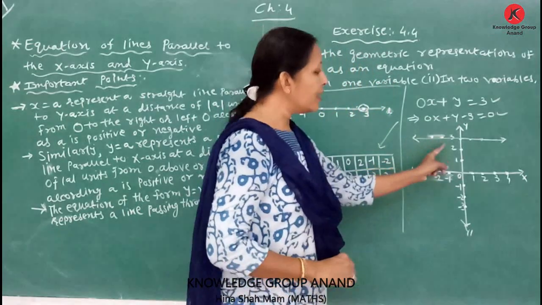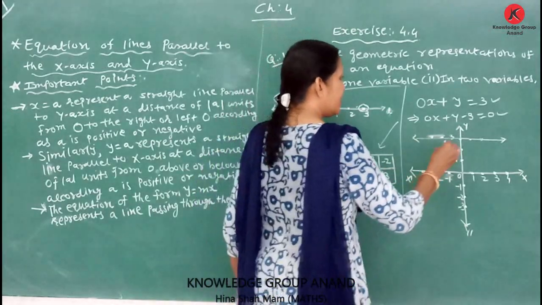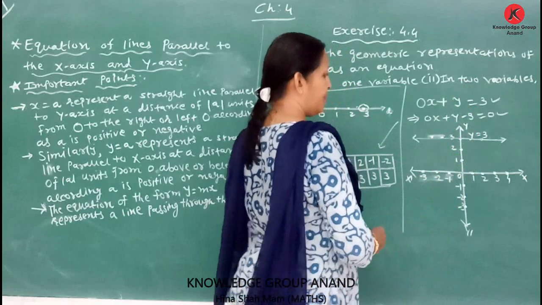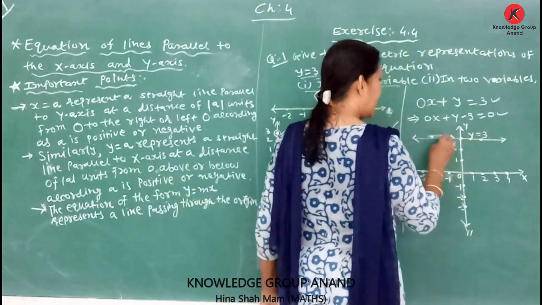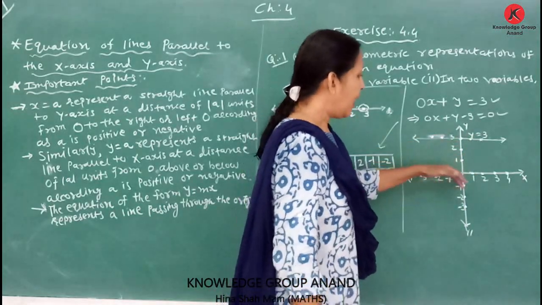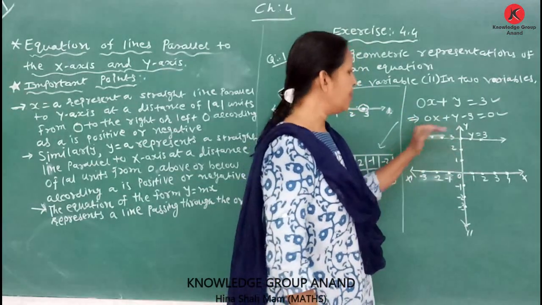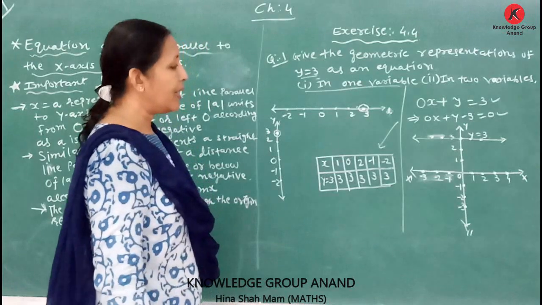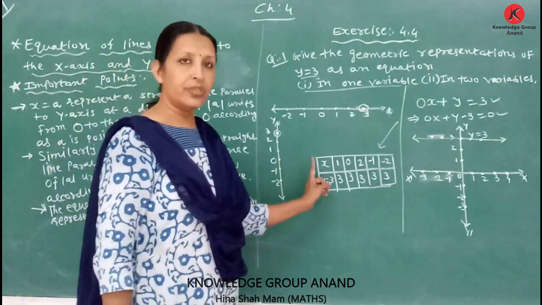It is parallel to the x-axis and the line is y is equal to 3. Any point on it is at a distance of 3 from the x-axis. So y is equal to 3 is parallel to the x-axis. Understood this question?